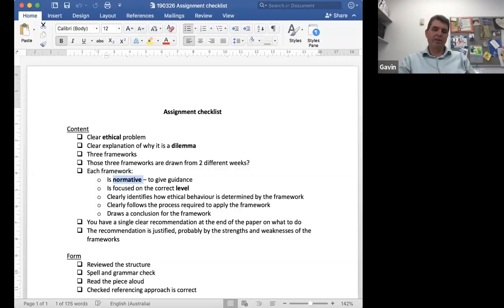If we call those 6 examples the scenario, you don't need to repeat what the scenario is. You need to repeat the parts of the scenario that are relevant to why it's ethical and why it's a dilemma. So it's about extracting what's relevant to say there's an ethical dilemma because, why?